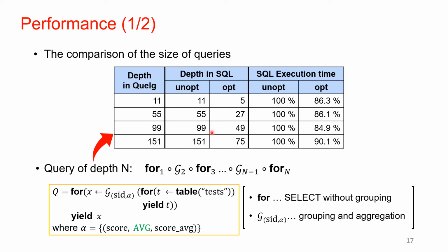The second and third columns are the depth in SQL without or with our reorganization. And for all queries, we can reduce the query size by a factor of 2. The last 2 columns are the execution time of the generated query. And the improvement is not so remarkable, but we still got approximately 10% improvement from the unoptimized one.